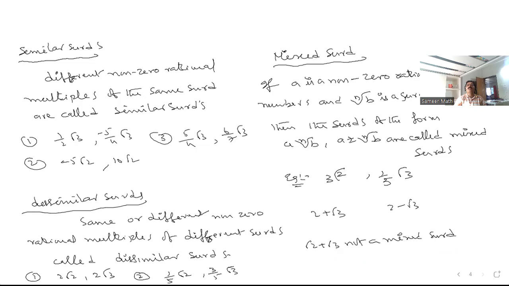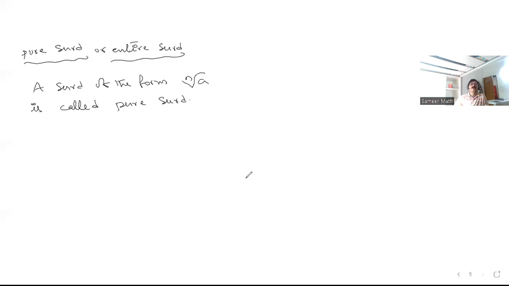Now, I'll move on to the next one, guys. Now you see here, pure surd. Very simple, nothing special in this. A surd of the form nth root of A is called a pure surd. So root 2, yes, pure surd.